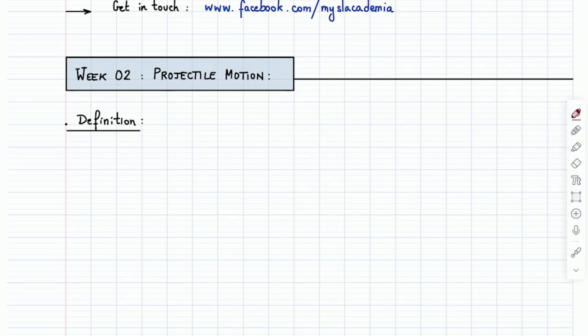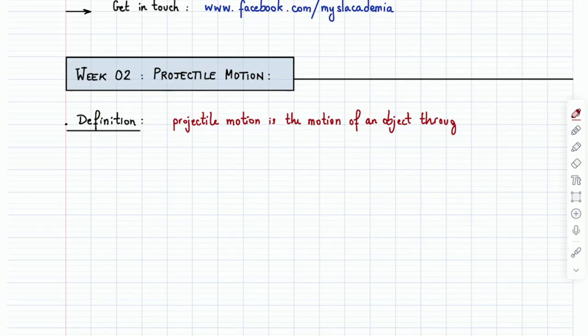So projectile motion, let's be clear, projectile motion is the motion of an object through the atmosphere while subjected solely to its weight.